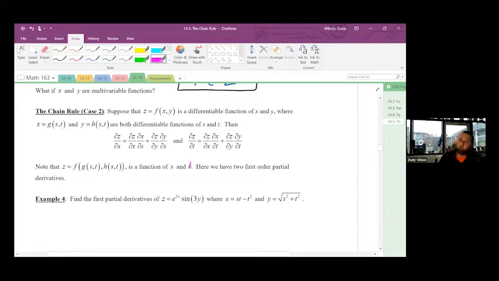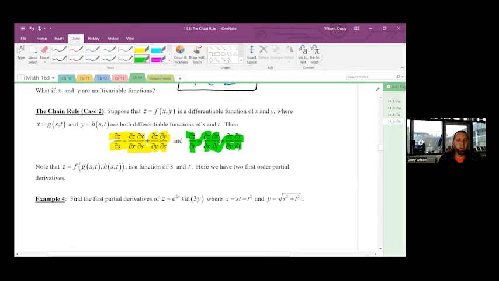Then the partial of z with respect to s is equal to the partial of z with respect to x times the partial of x with respect to s, plus the partial of z with respect to y times the partial of y with respect to s, and the partial of z with respect to t equals the partial of z with respect to x times the partial of x with respect to t, plus the partial of z with respect to y times the partial of y with respect to t.